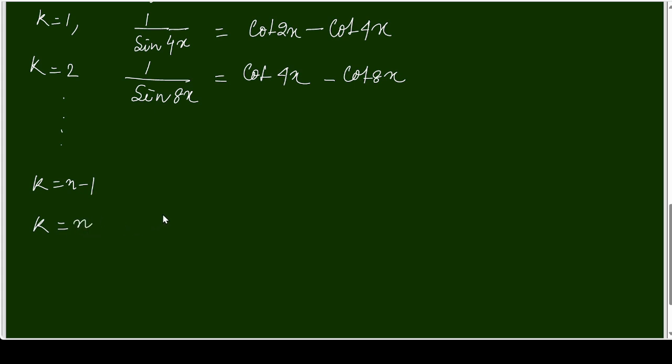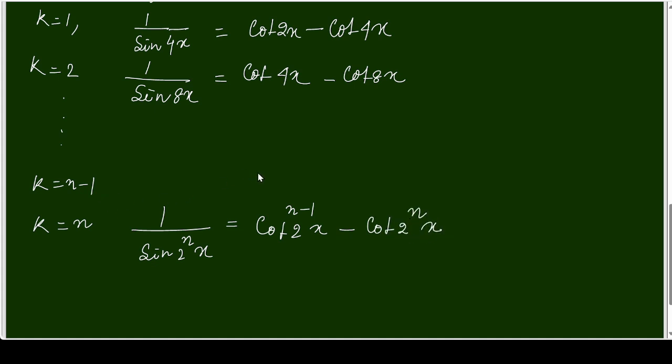When I take k equals n, I get 1 over sine 2 power n x equals cot 2 power n minus 1 x minus cot 2 power nx.